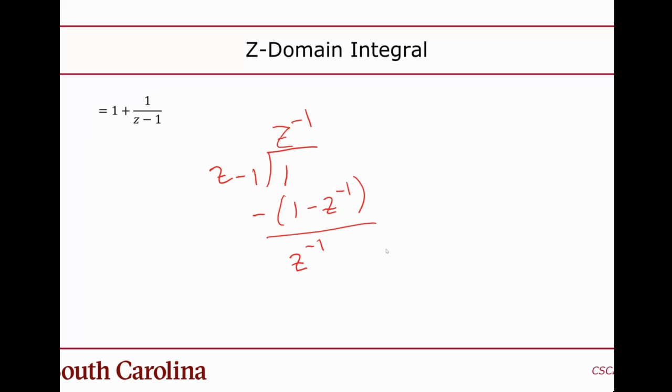Well, you can do the same thing again. We can take the fraction 1 over z minus 1, and work it out in a long division. So 1 divided by z minus 1. I want to figure out what to put on the top as my quotient. So I'll put z minus 1. I'll multiply that against the divisor, which is z minus 1. That gives me 1 minus z minus 1.